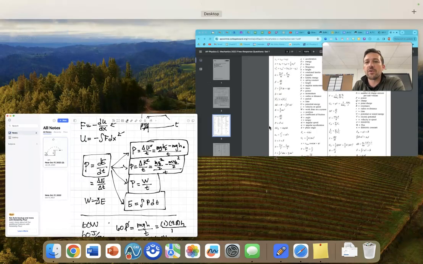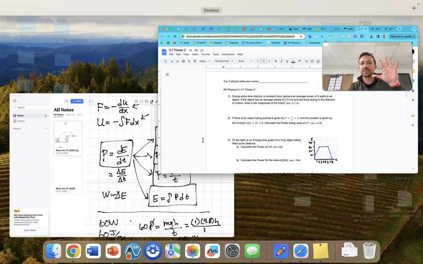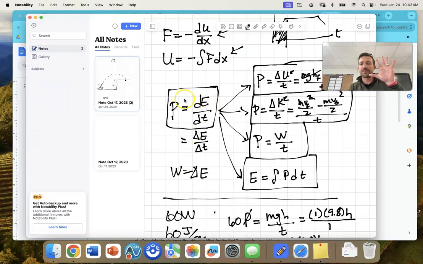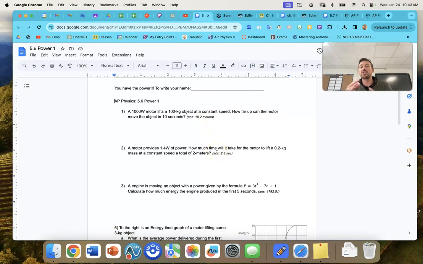So let's just look at the worksheet real quick, and we can look through some of them and determine which formula out of the 5 formulas that we have right now we would be using, and the algebraic ways of looking at each one of these, based off of the information given, right?